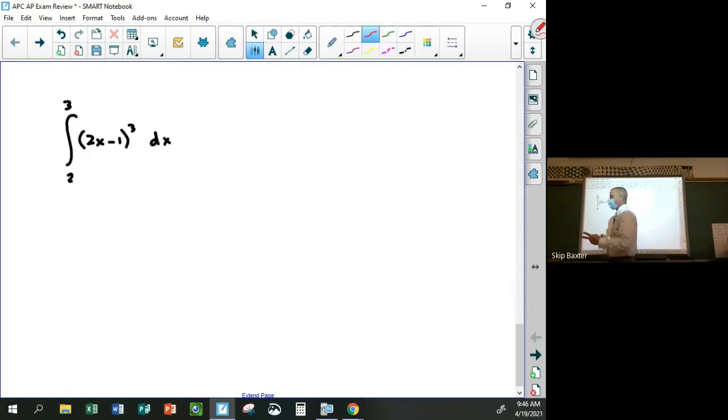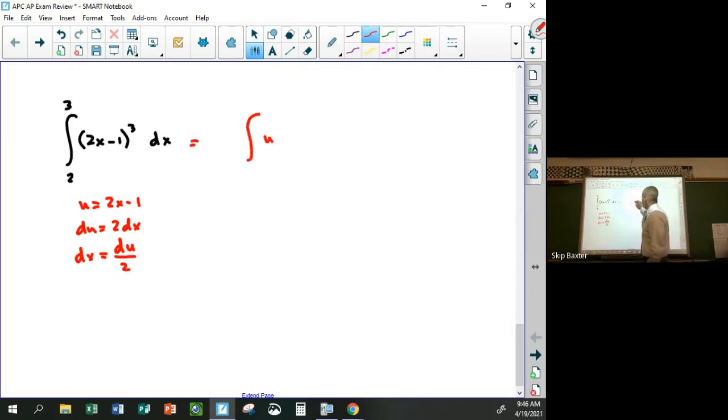So there's 2 ways to do this. One way to do it is u equals 2x minus 1, du equals 2 dx, dx equals du over 2. Make the substitution. So this is u cubed times du over 2. Don't change the limits of integration. Do the integration, so you get u to the 4th over 4 times 2, which is u to the 4th over 8.